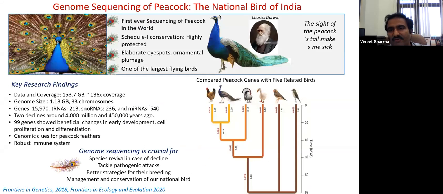Now coming to the last part, our other interest is genomics. We want to analyze genomes, the sequence and analysis. We did the first genome sequencing analysis of the peacock in the world. It is also the national bird of India, and it is a very fascinating bird.